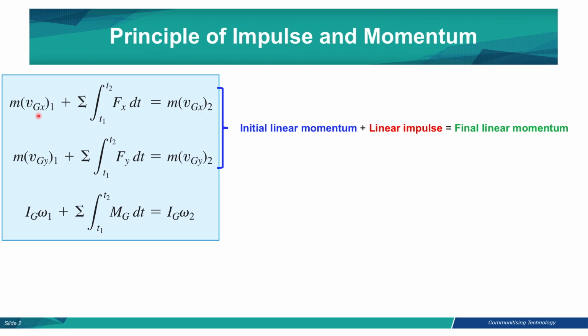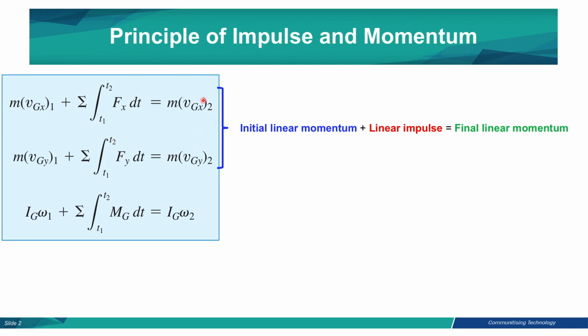Because we are currently talking about planar kinetics, we only have motion in two axes, which is the x and y axis. We are not going to have motion in the z axis because this is not a three-dimensional problem or three-dimensional motion. We are only talking about planar motion.